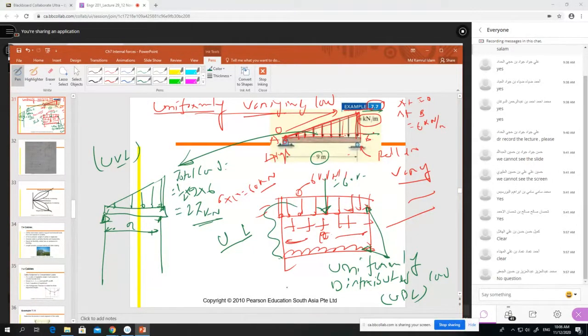In distributed load, it works at the middle, the center of the diagram. Now for the triangular load, at which point will the total load work? Tell me someone, please. Give me the answer. If you are with me, please tell me the answer.